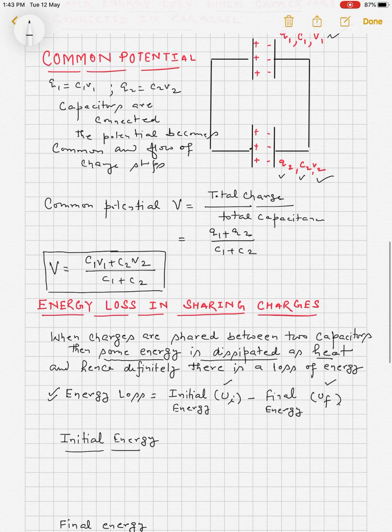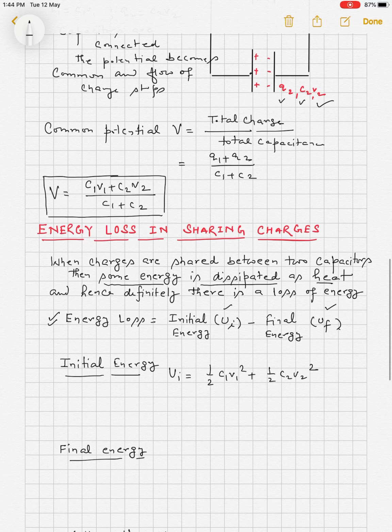So initial energy, that is Ui. So Ui is equal to half, the potential is V1, capacitance C1, so half C1 V1 square plus half C2 V2 square. This is the initial energy Ui. Now we have to find the final energy Uf.